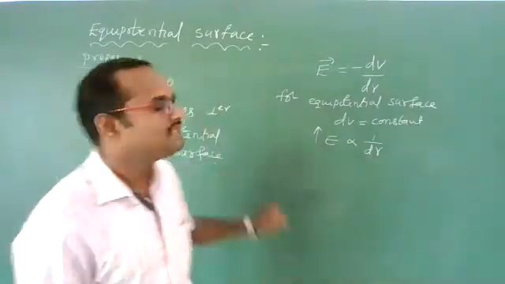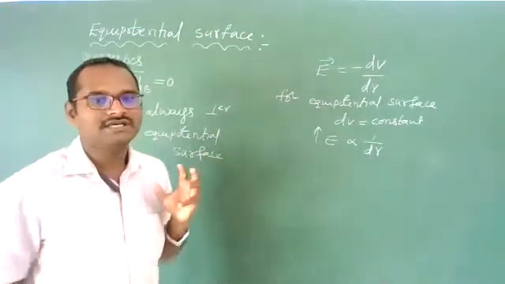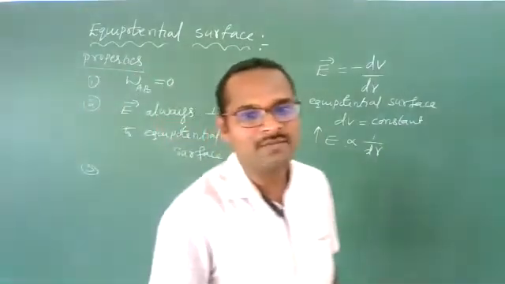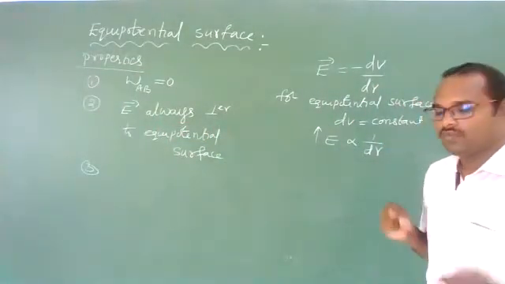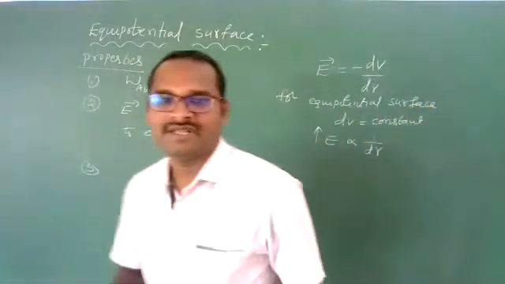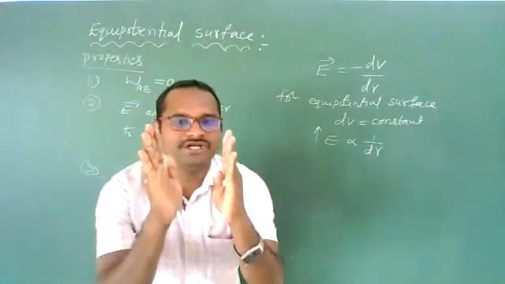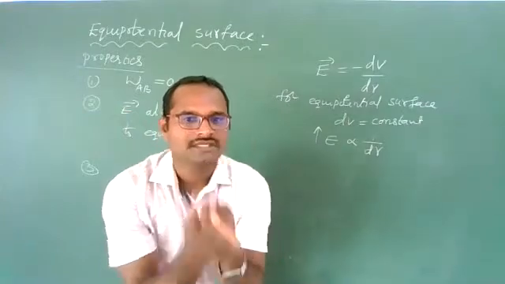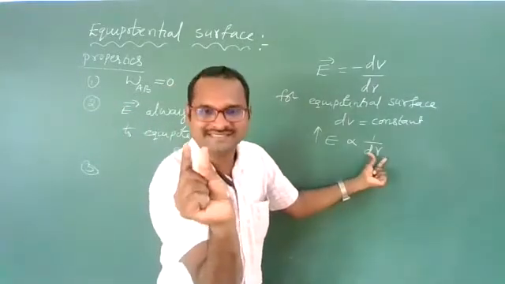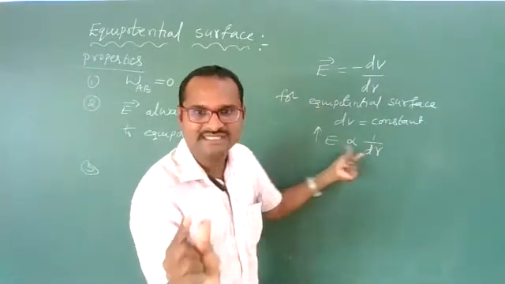So equipotential surfaces give us an idea about strong and weak electric field. Where is the electric field stronger? Wherever equipotential surfaces are very close to each other, their dr value will be less, and if the dr value is less, the electric field will be more.